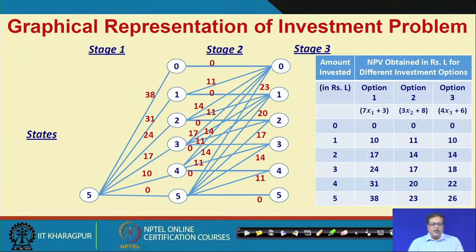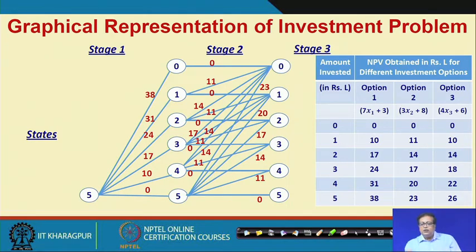Let us simply understand that the first portion of the graph, from stage 1 to stage 2, where the transition is happening from 5 to 0, 1, 3, 4, 5 these states, and these 0, 10, 17, 24, 31, 38, we already understand. So that part is already taken care of.